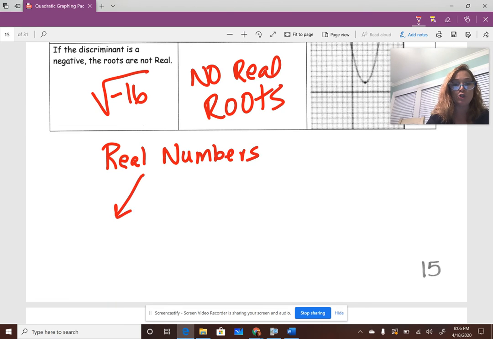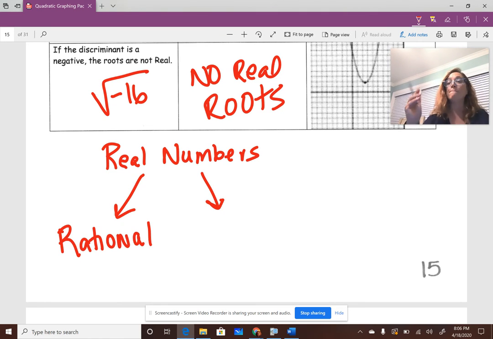Okay. Remember, real numbers, they're broken into 2 categories. Rational. That is where most of our answers are. Like, you never even dealt with an irrational number until you learned about circles and you learned about pi. Before that, everything was rational.